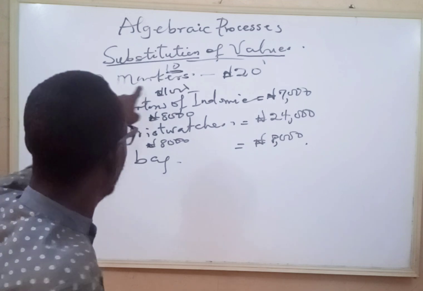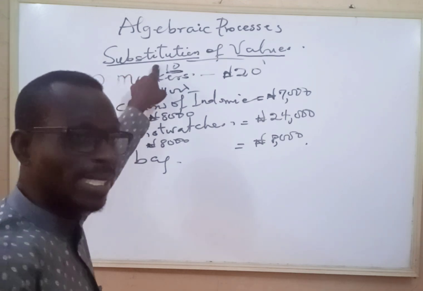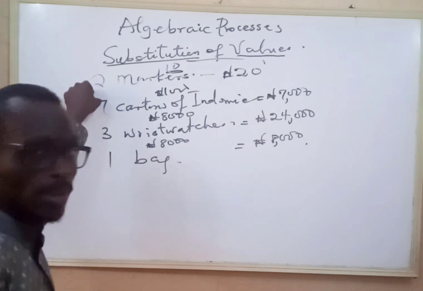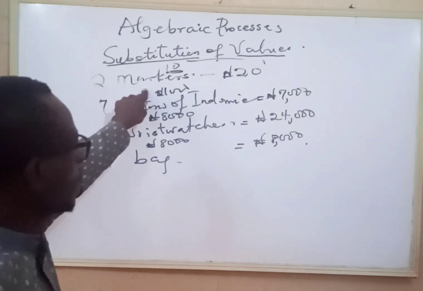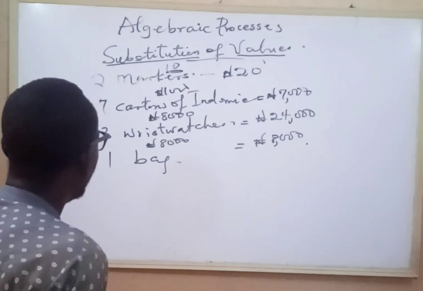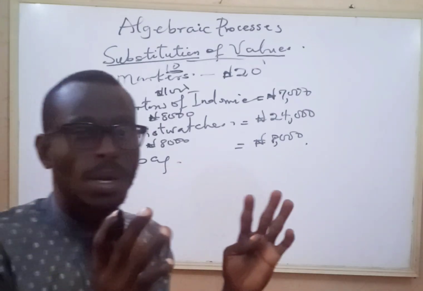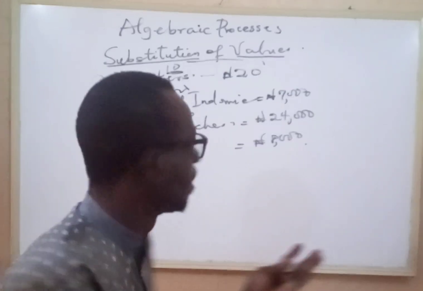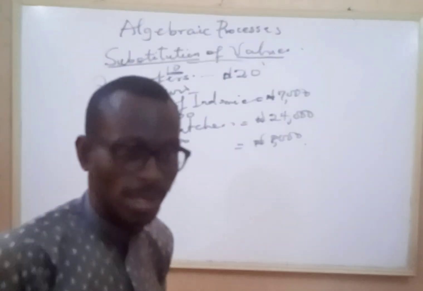So the item you have picked, that is 10 naira, is the only thing that has value, multiplied by the number of that item gives that value. So this is just a preface of the substitution of value in a normal sense, which is the concrete sense.